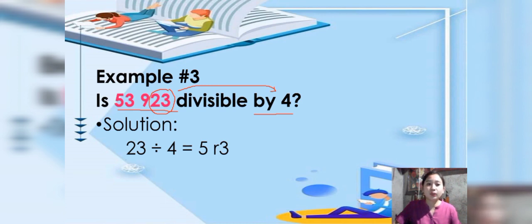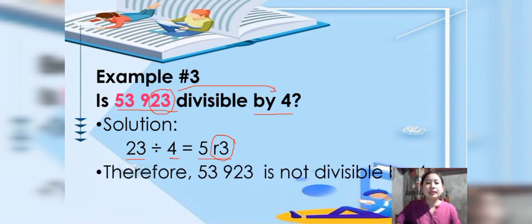Is 23 divisible by 4? 23 divided by 4, the quotient is 5, remainder 3. There is a remainder, so meaning to say, it is not divisible by 4. 53,923 is not divisible by 4.